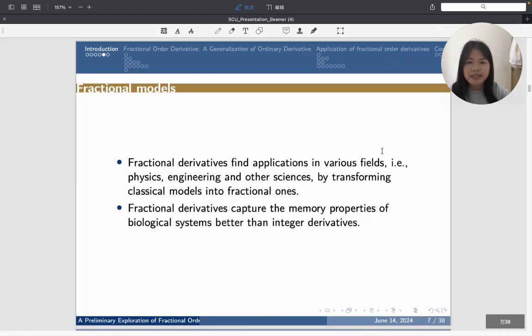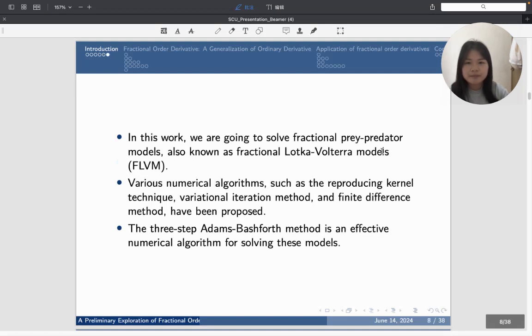Also, fractional derivatives are very useful. They can be applied in various fields, like physics, engineering, and other sciences. It's been studied that fractional derivatives capture the memory properties of biological systems better than integer-order derivatives.